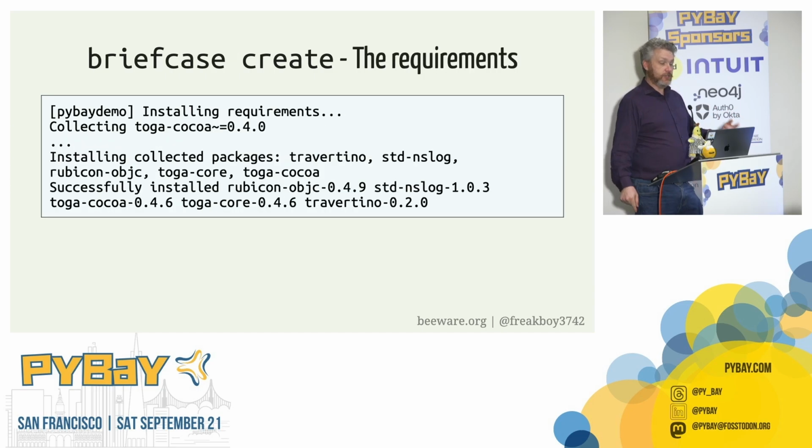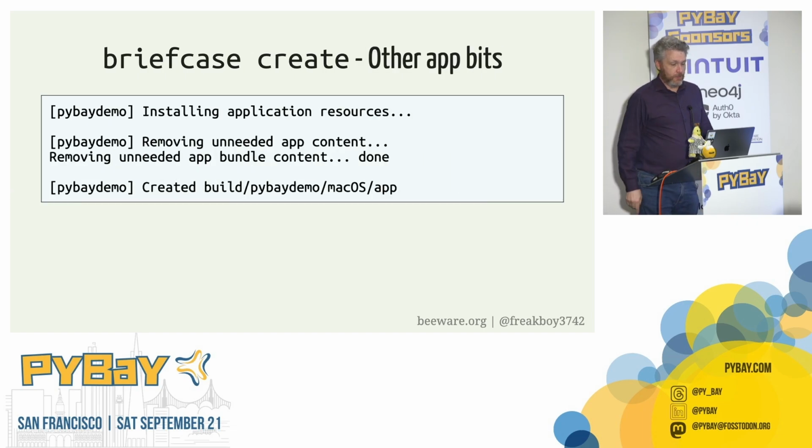It then downloads and installs your app's requirements, but it doesn't install them into your local virtual environment. It's installing them into the application template. You are building an app for distribution, so you can't rely on anything in your local virtual environment because your end user won't have your local virtual environment. Then Briefcase installs any application resources like icons, purges content that isn't needed, and it's done. You've now got a complete application template.